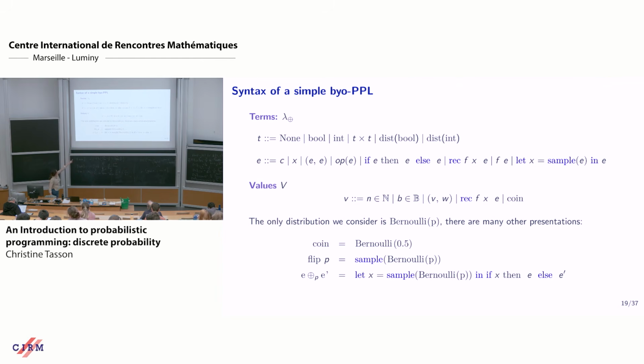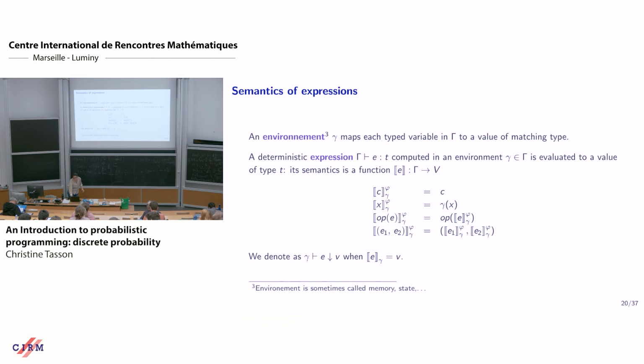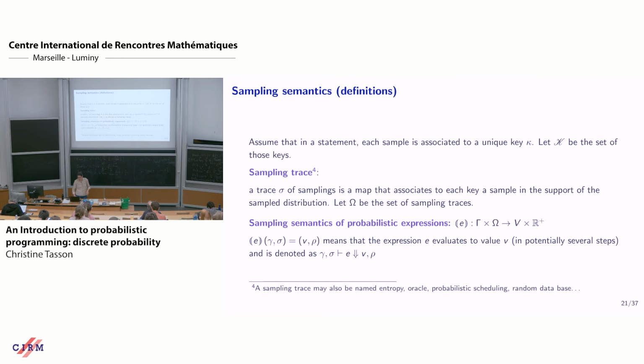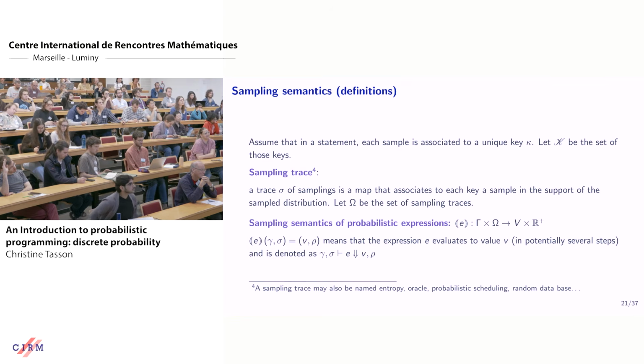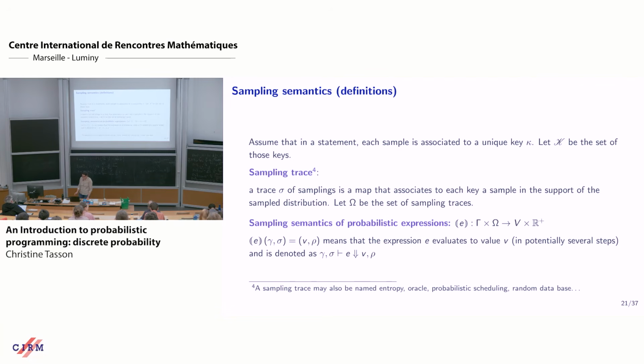The values are like this, and I again sample in the same way. The semantics of deterministic expressions are the same, but I also have two sorts of semantics: the sampling semantics, which uses the sampling trace, and then the stochastic semantics.